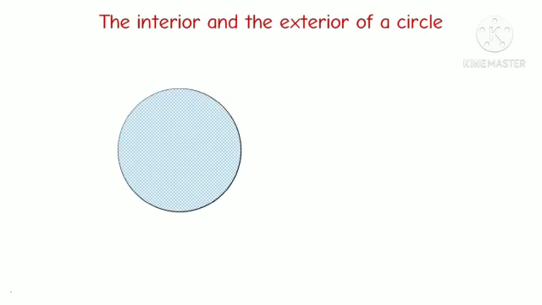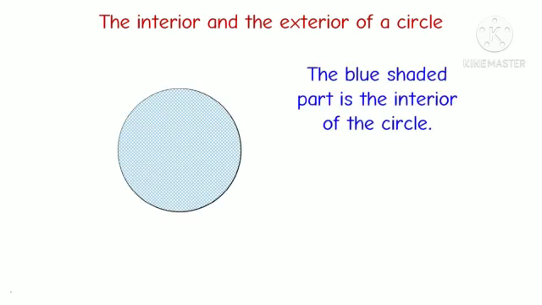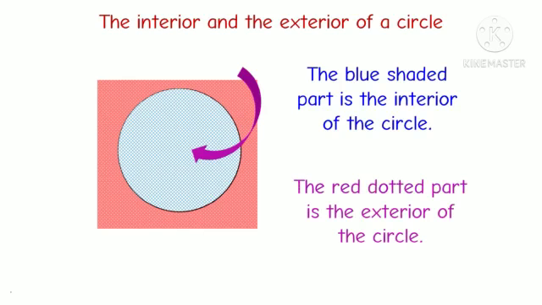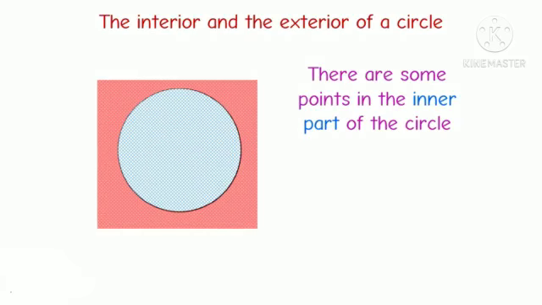The interior and the exterior of a circle. Look at the circle. The inner part of a circle is called the interior part of a circle. The blue shaded part is the interior of the circle. The outer part of the circle is called the exterior part of the circle. The red dotted part is the exterior of the circle. There are some points in the inner part of the circle.